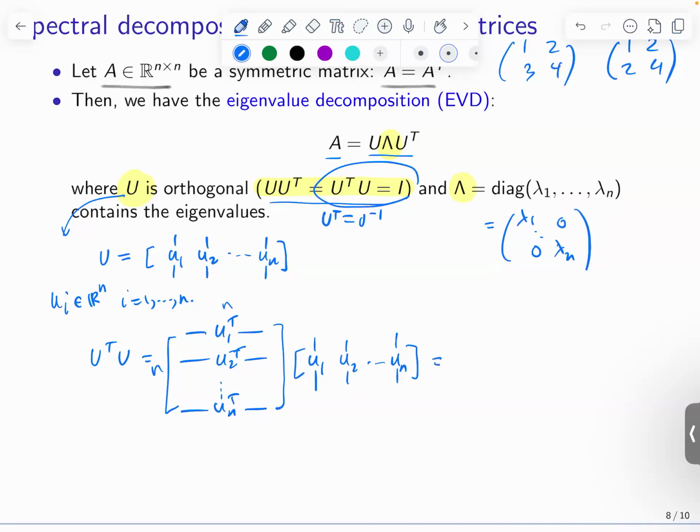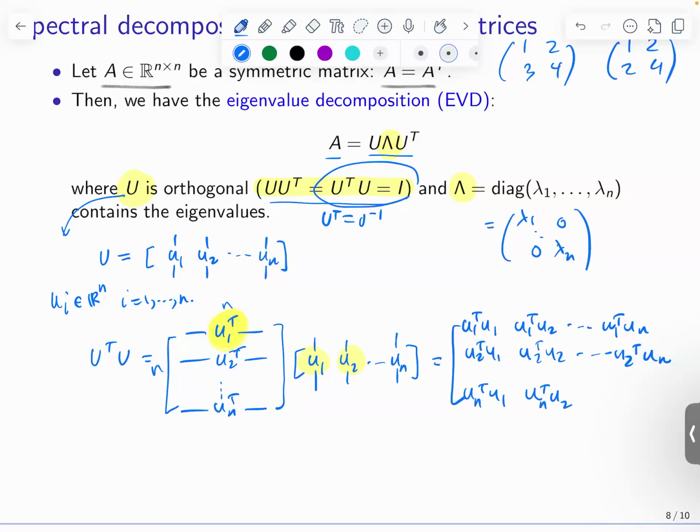So the first element would be U1 transpose U1, and the second element would be U1 transpose U2, and so on. So I get U1 transpose U1, U1 transpose U2, all the way to U1 transpose Un. Here I get Un transpose U1. U2 transpose U1 here, U2 transpose U2, all the way to U2 transpose Un, and then Un transpose U1, Un transpose U2, all the way to Un transpose Un.